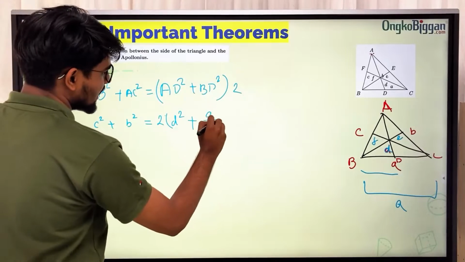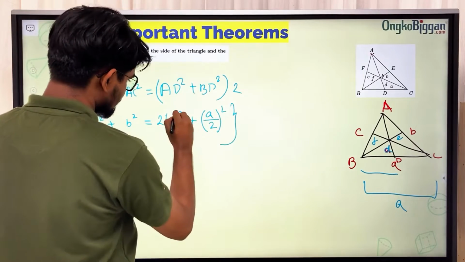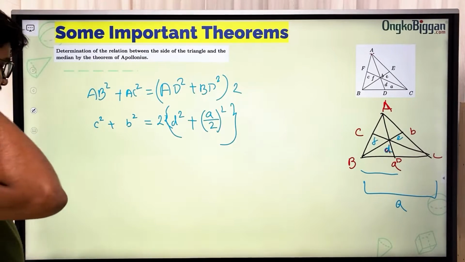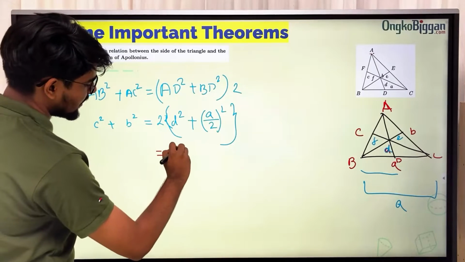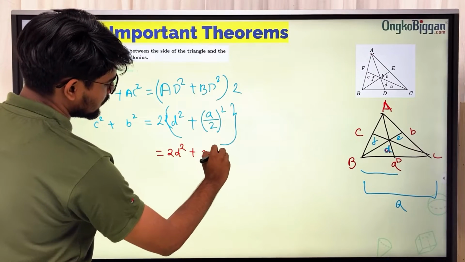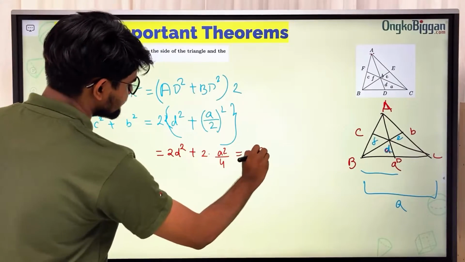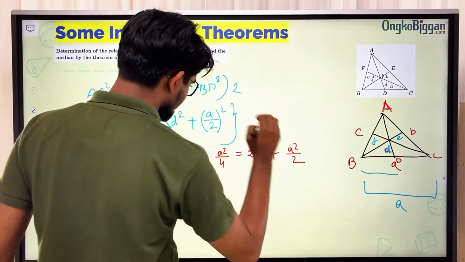So (a by 2) square. Third bracket is better to be used. Changing to red. So now we get 2d square plus 2 into a square by 4. That means we get 2d square plus a square by 2.